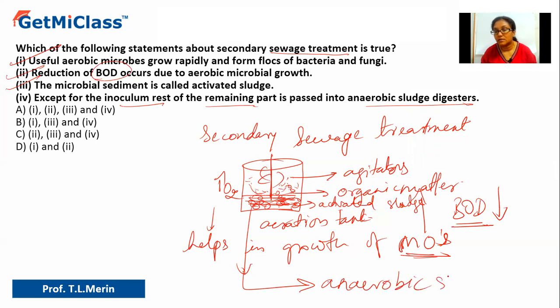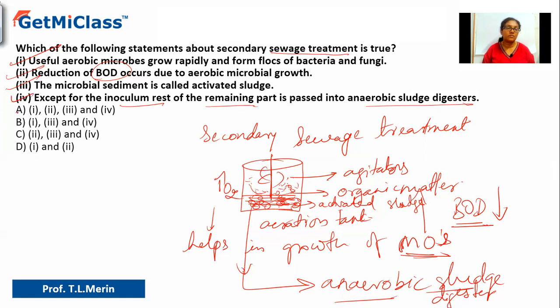In the anaerobic sludge digester, anaerobic organisms will try to digest the activated sludge, that is, the aerobic microorganisms present in it. That is what anaerobic sludge digestion is. So that is also correct.